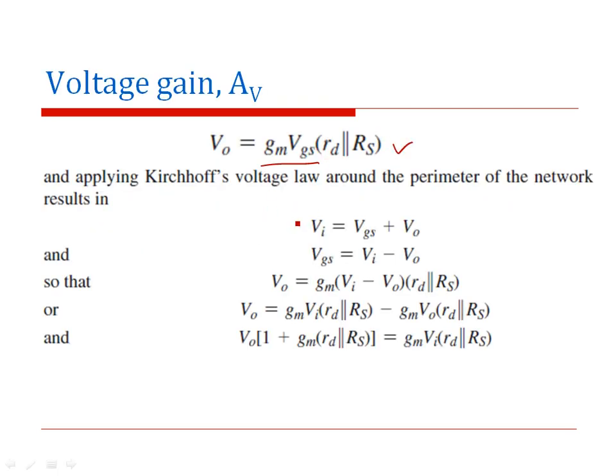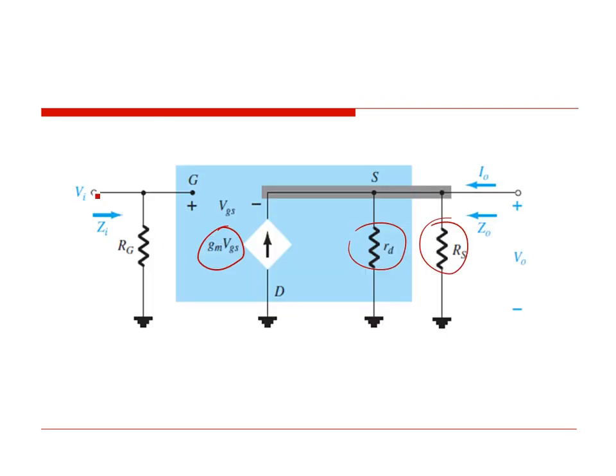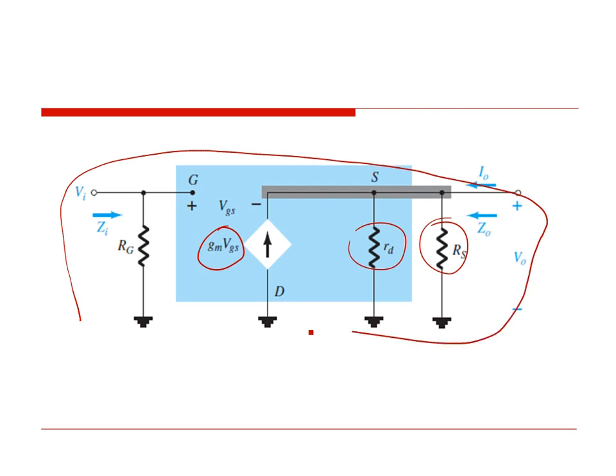Now if you apply Kirchhoff's voltage law around the perimeter of the network, you have Vi, VGS and V naught. This point is same as this point, so the voltage across this is V naught.